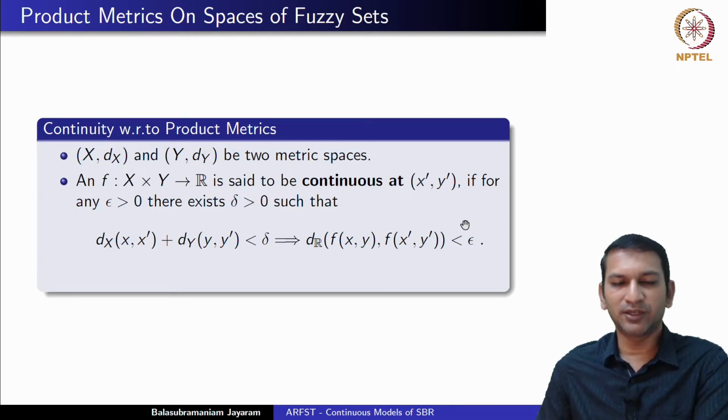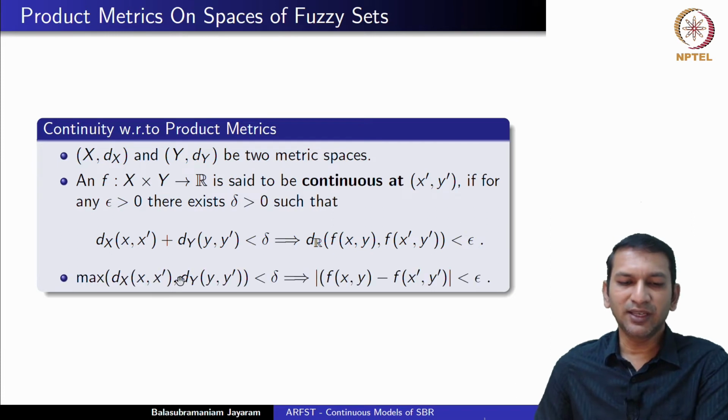Of course, this is one way to define continuity. Instead of taking the sum of these two values, we could also take the max of these two values and insist that when this is less than delta, then we want this to happen with respect to the usual metric on R.